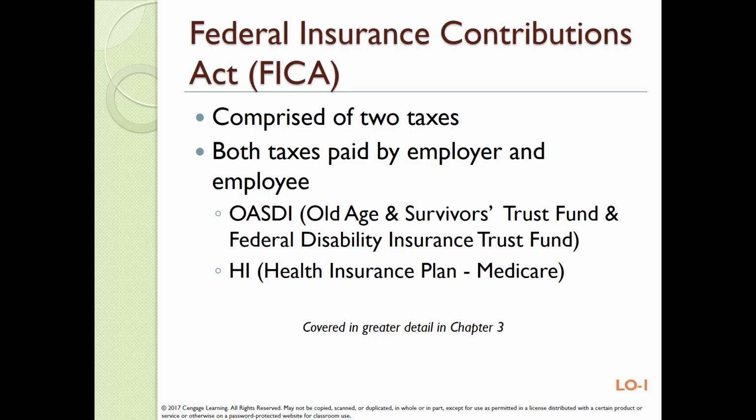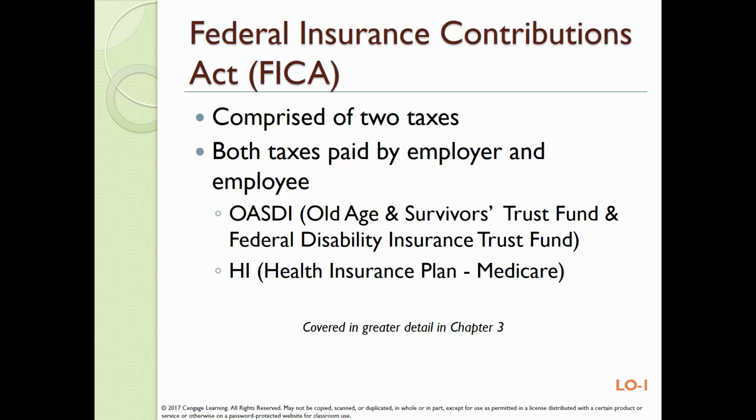So just to recap, there's a lot going on here. OASDI, flat 6.2 plus 6.2 up to the cap. Medicare, 1.45 plus 1.45, no cap. I'm CEO of Johnson & Johnson.